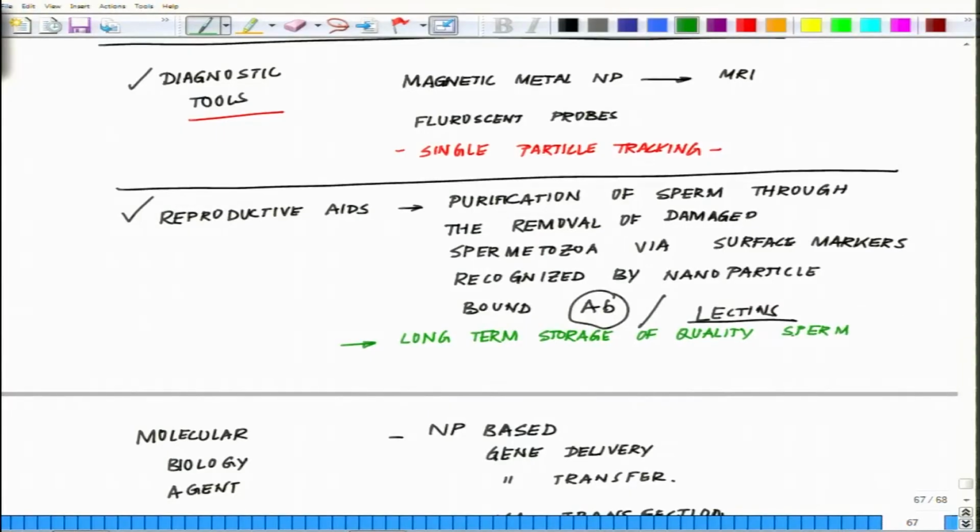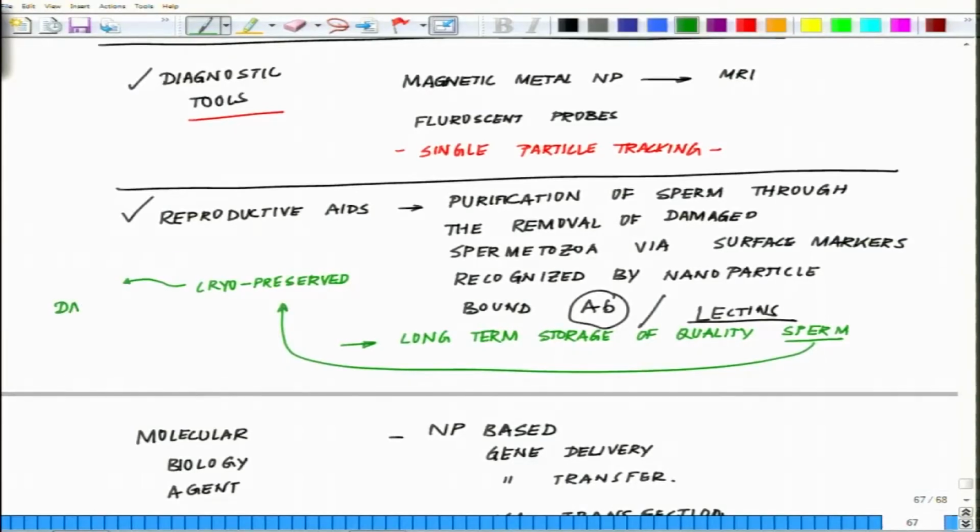These sperms are stored in cryopreserved chambers, and during this storage a significant amount of damage occurs.